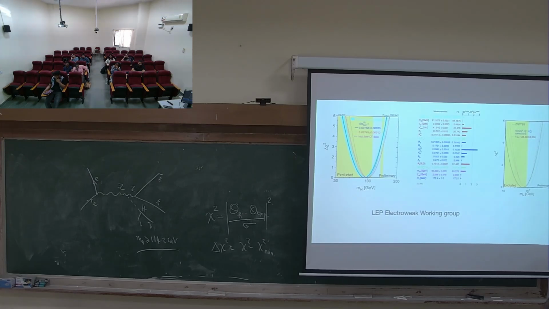Because it depends upon, these are scheme dependent quantities. Some observables I use MS bar, some observables I use on shell. And what my inputs are, I may choose different inputs. Each collaboration can use different inputs and everything, and in which scheme you have to do it essentially.